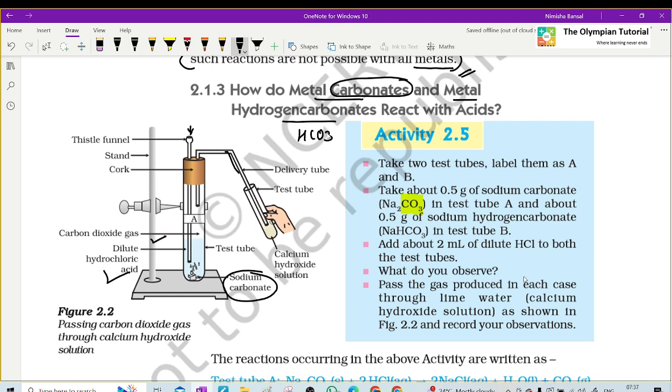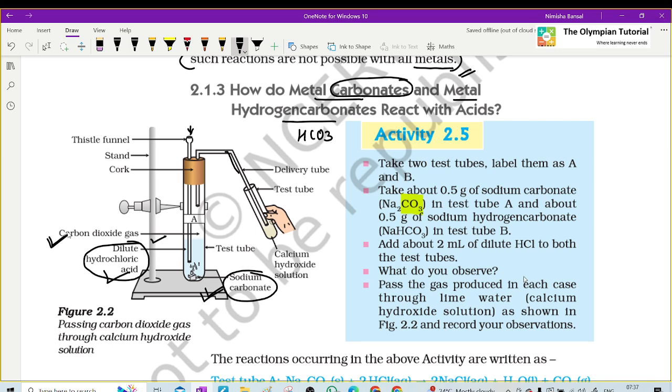So in this reaction, we are taking sodium carbonate, a metal carbonate, and it is reacting with dilute hydrochloric acid. When metal carbonate and hydrogen carbonate react, carbon dioxide gas will be eliminated.